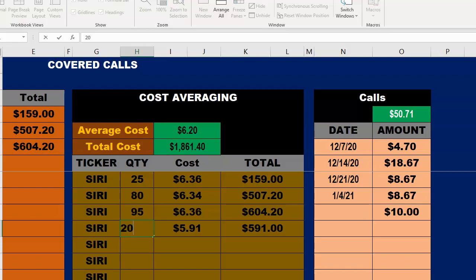If you bought 200, it's going to bring your cost basis down to $6.13. If you bought 300, it's going to bring it down to $6.09 and $6.06. So it would take you 600 shares, 800 shares to get that cost basis down, which is $4,000.